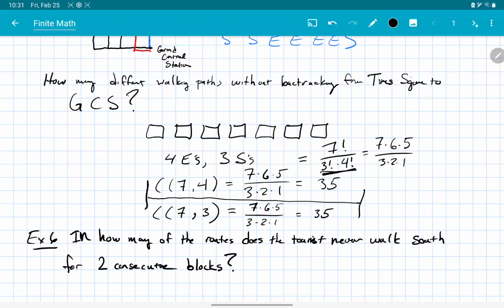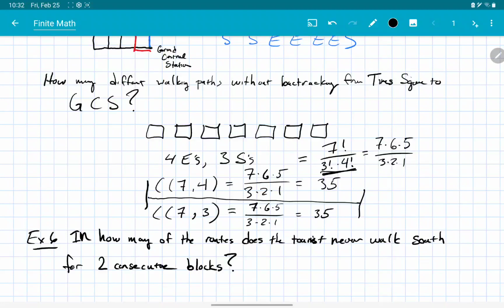Okay, now there's 35 choices here, right? If we had 20 minutes left on an exam, and this is the last problem I'm working on, 35 isn't such a big number. I could brute force this, right? I could write down every possibility. It would take me like 7 or 8 minutes.